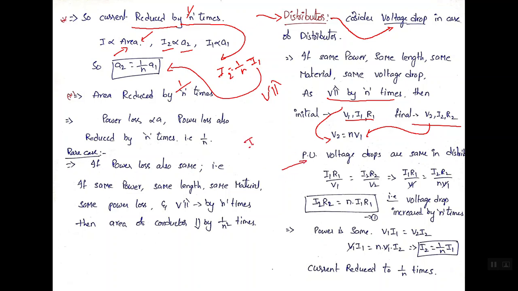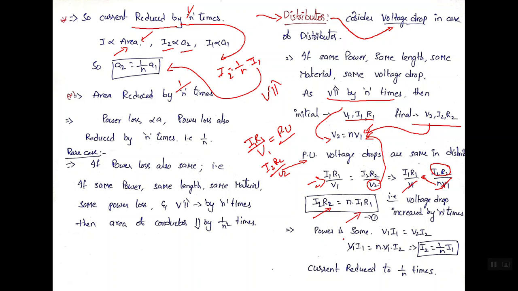The per unit voltage drop is IR by V. For the initial case I1 R1 by V1, for the final case I2 R2 by V2. Equating these two, with V2 equal to n into V1, V1 and V1 cancel, and we get I2 R2 is equal to n into I1 R1.